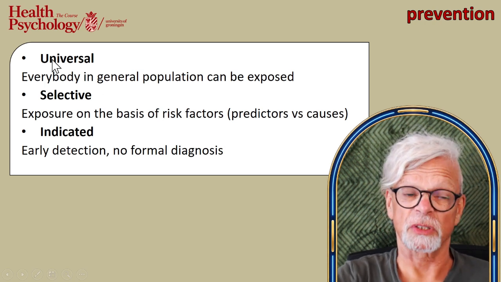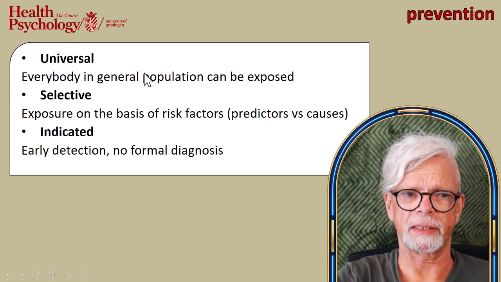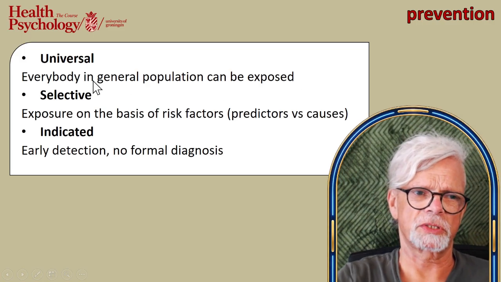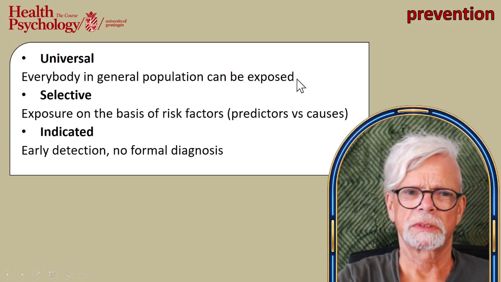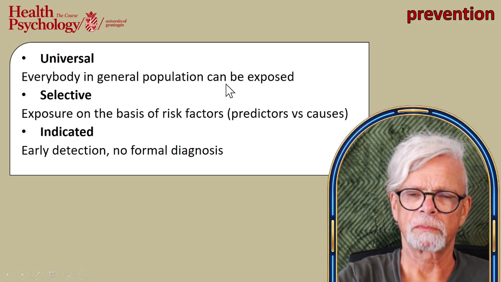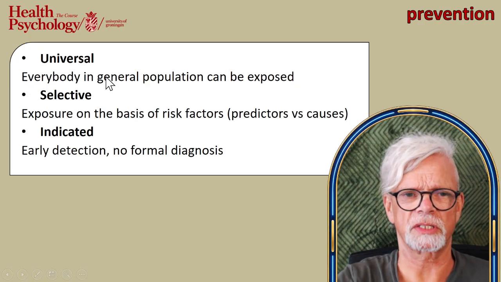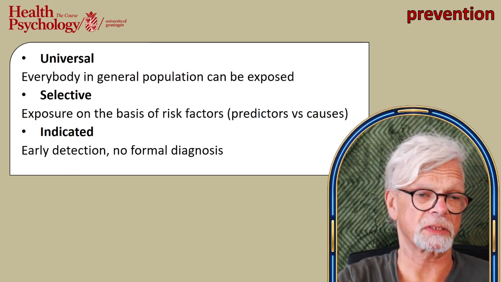It's universal prevention. And this means that everybody in the general population can be exposed. This is about for people having a job, for safe traffic regulations, all those things that all people are exposed to, just to prevent all kind of illnesses and accidents.